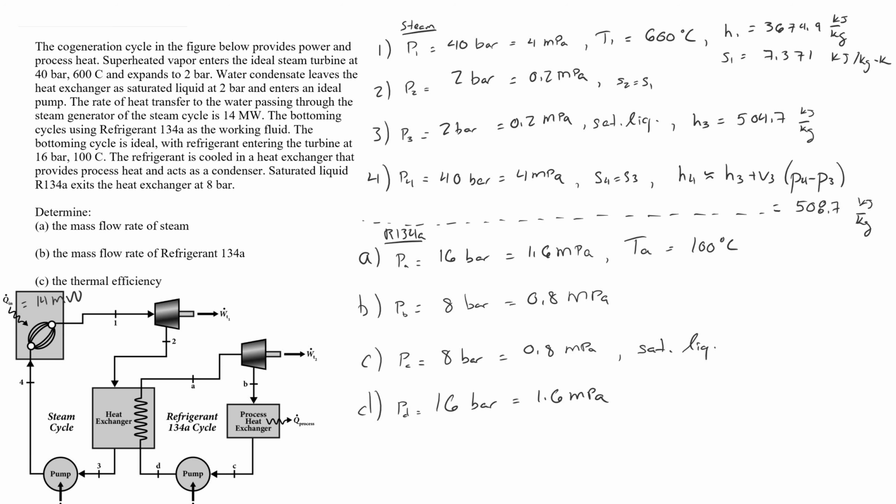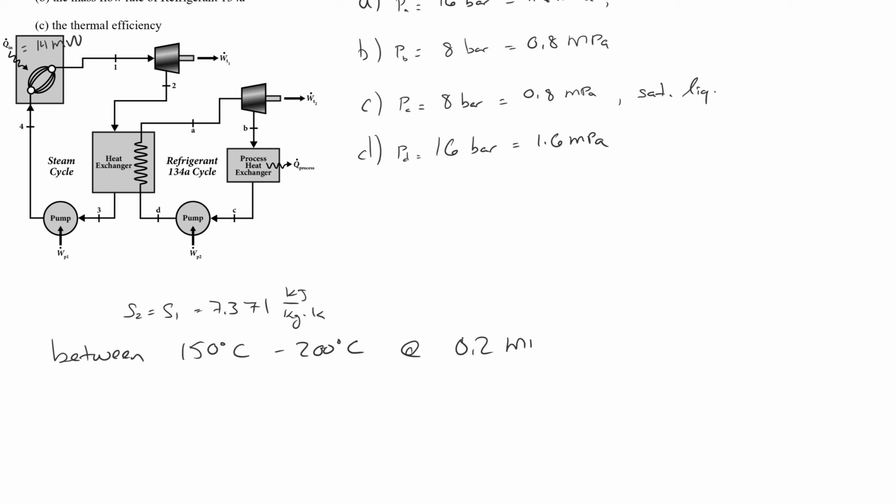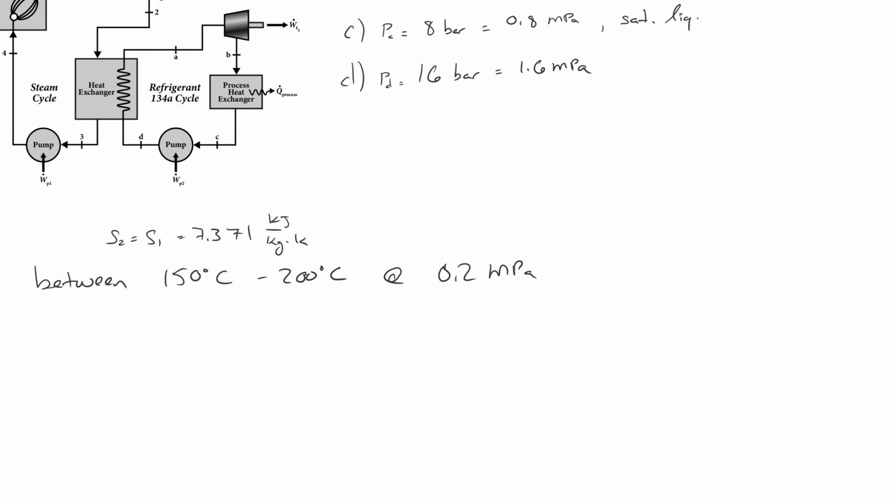Now let's take a look at H2. I know that S2 is equal to S1, which is 7.371. So between 150 degrees C and 200 degrees C at 2 bar, or 0.2 MPa, I can interpolate.